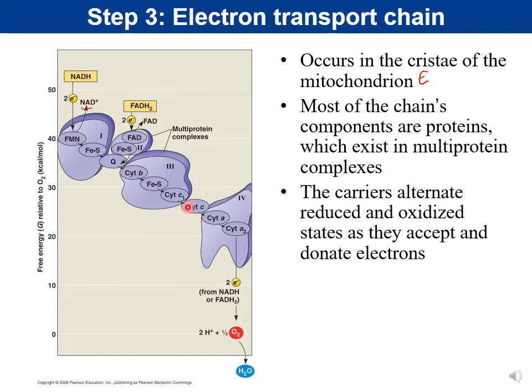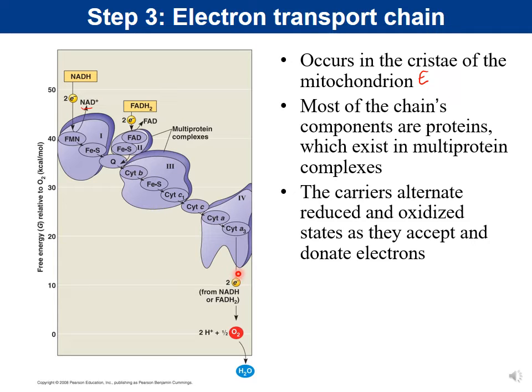Now, when the electrons get to the end of the chain, we are going to have the electrons transferred onto O2. Remember we said if we're talking about aerobic respiration, O2 is our final electron acceptor. It's what's going to take the electrons from the electron transport chain.